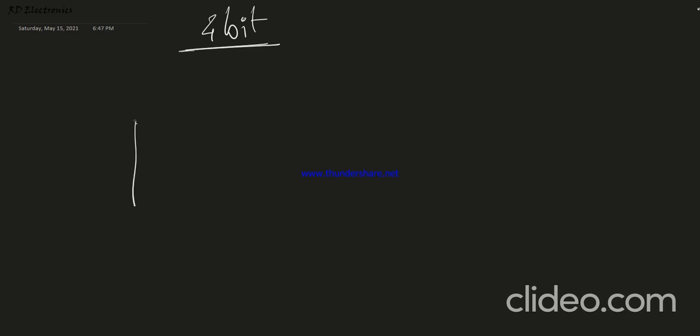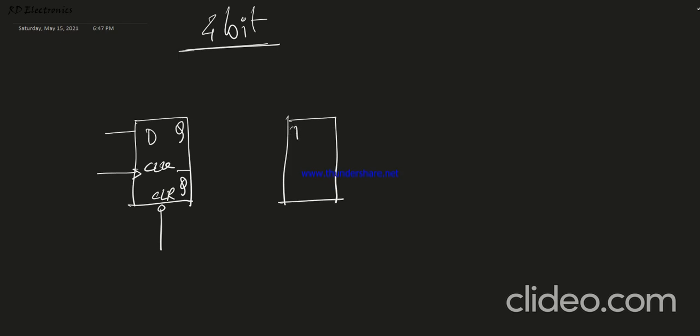The hardware looks like this. This is one D flip-flop, and here the extra pin is known as the clear pin. This is the data input D pin, this is Q output, this is Q bar, and this is the clock. The second bit repeats here: another D, clear bar, Q, Q bar, and the clock.